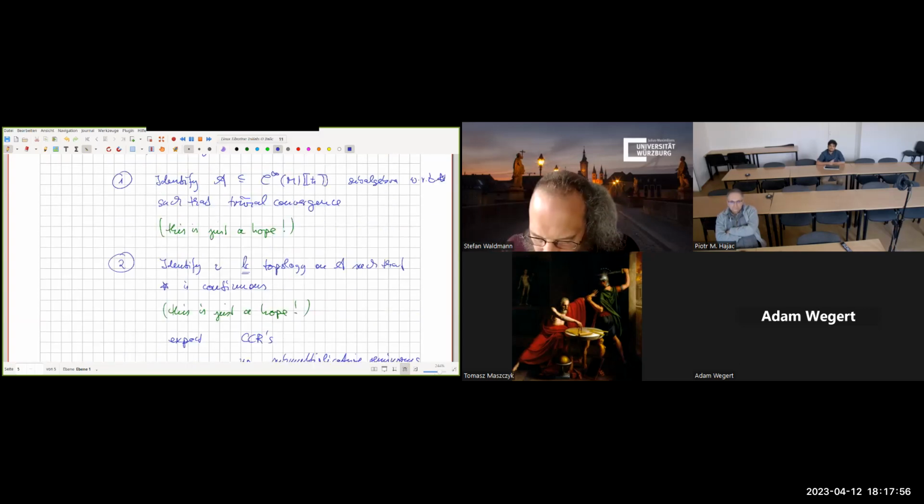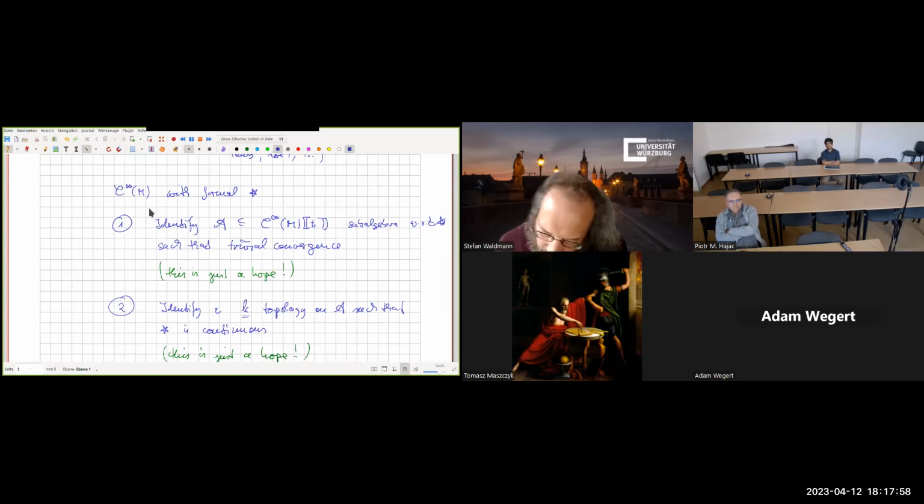Why do I split this into these steps? The idea is that the algebra you start with, which you hope to find as something like the polynomials, is a small subalgebra.